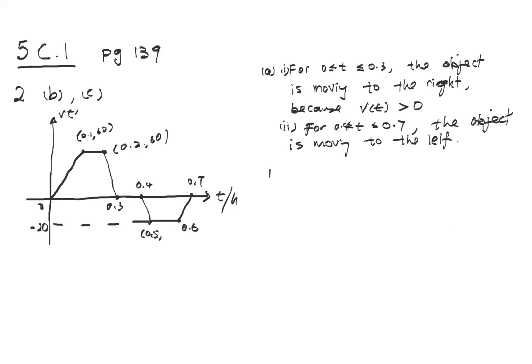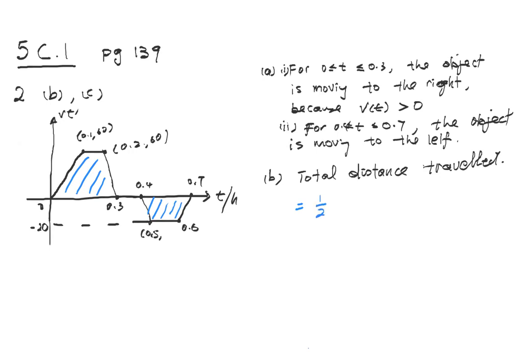So for part B, if I want to find the total distance traveled, I need to find the area of the shaded region. And this is a trapezium. To find the area of the trapezium, we use half the sum of the parallel sides. I usually prefer to write it divided by 2.